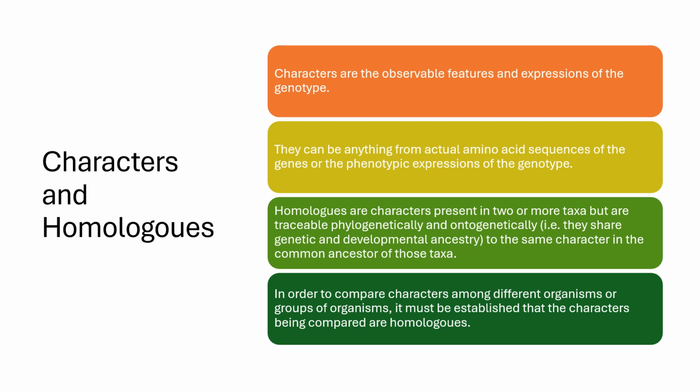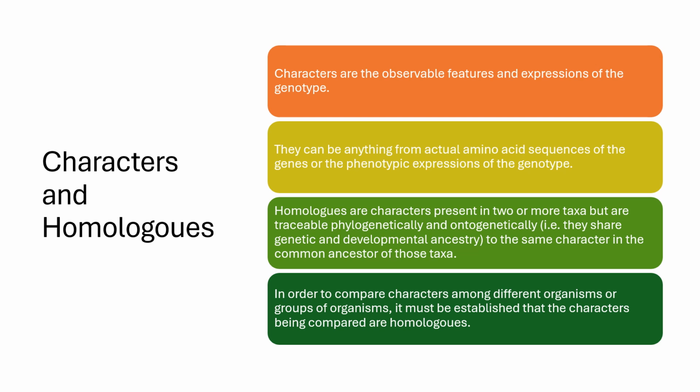So, homologs are the traits that help you compare these two taxa because these are the characters that were present in the common ancestor, and they are also present in the two taxa, which gives us a hint that these two taxa might have been derived from that common ancestor, and that's why these two taxa are related and might have diverged due to certain reasons. So that's how you can establish relationships between taxa.